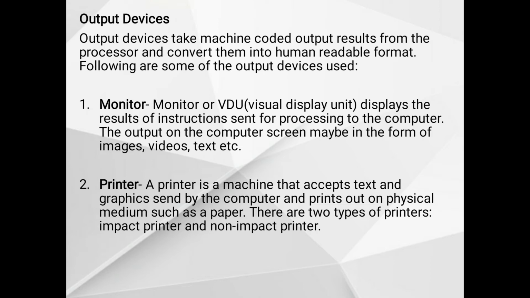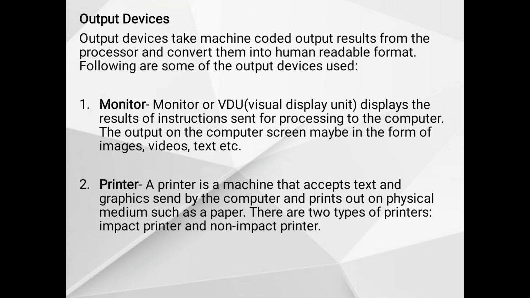We have already seen input devices. You all know what output devices are. With the output device, the data that gets processed becomes useful information, but that information is in a machine coded result, that is, in computer readable format, in machine language.